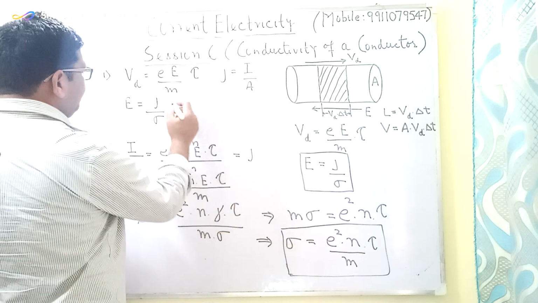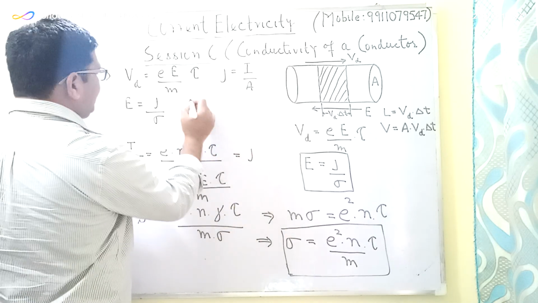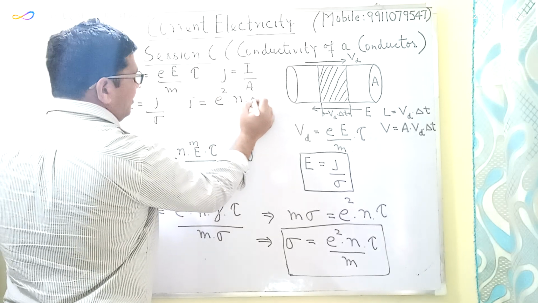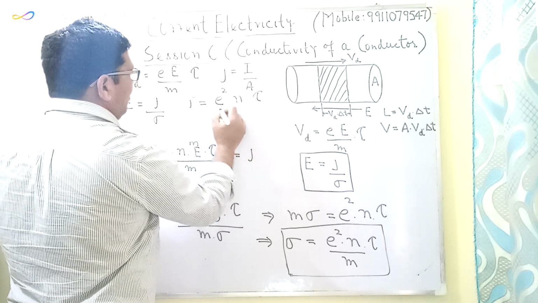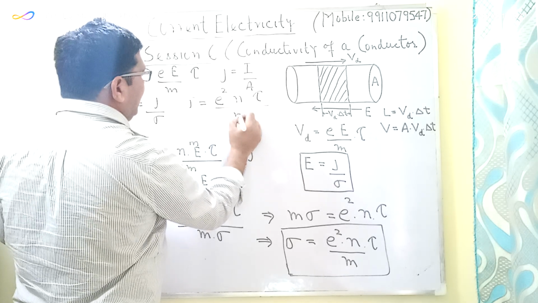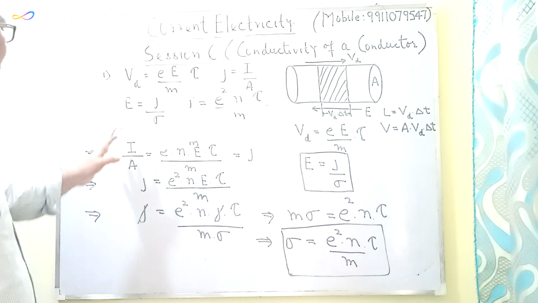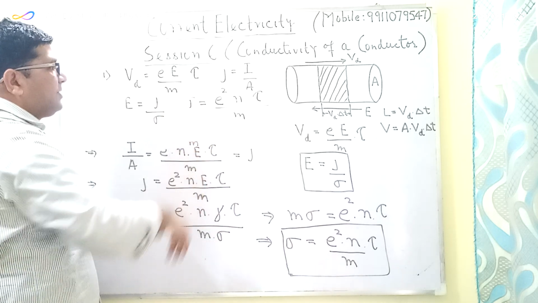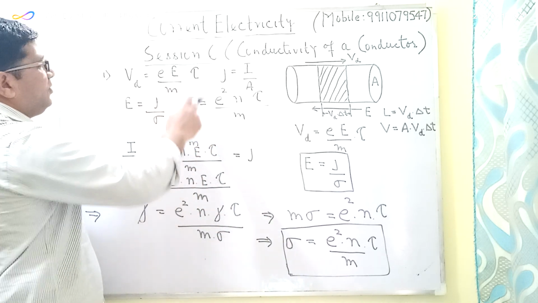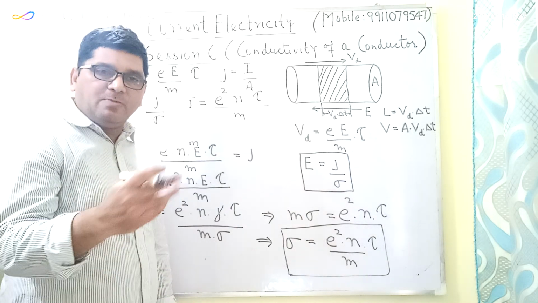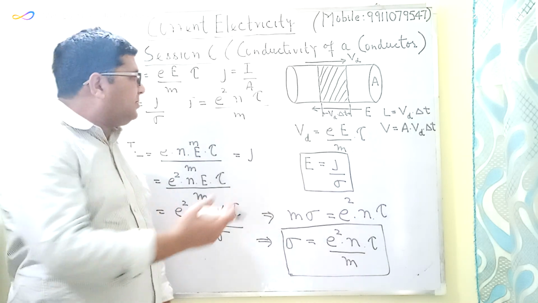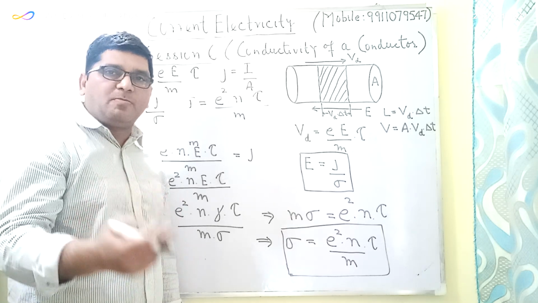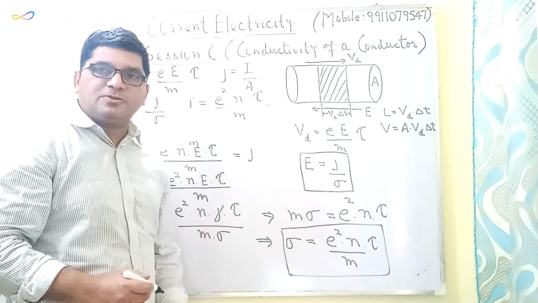And this conductivity is also given by e square N tau divided by m, where tau is the relaxation time. So these are the four important equations which we have studied in this session, and you all have to remember them, because all these equations will be used in solving the numerical problems which I will be discussing in the forthcoming sessions.